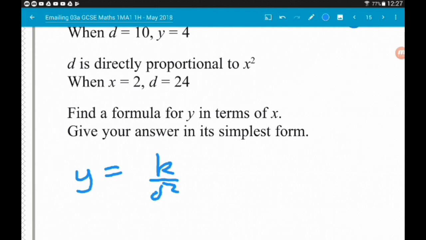So now we use the initial conditions that we're given, those values that we're told about y and d, to find the value of k.